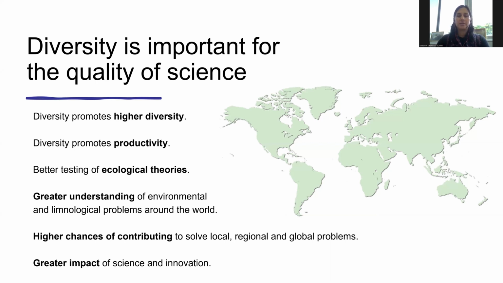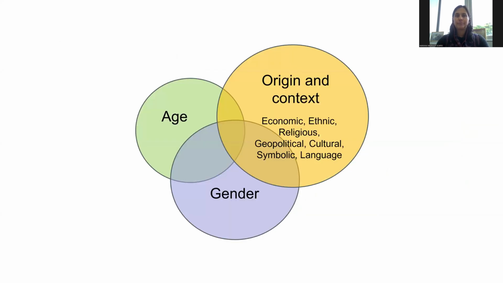of science and innovation. But there are certain barriers that prevent a truly diverse community, and there are different factors affecting that. One is age, another bigger one is gender, and the last and even bigger is the barrier produced by the origin and context of the researchers.